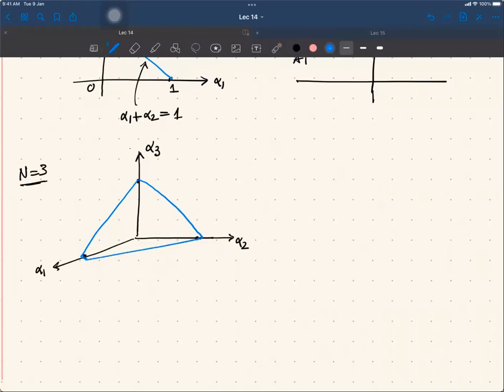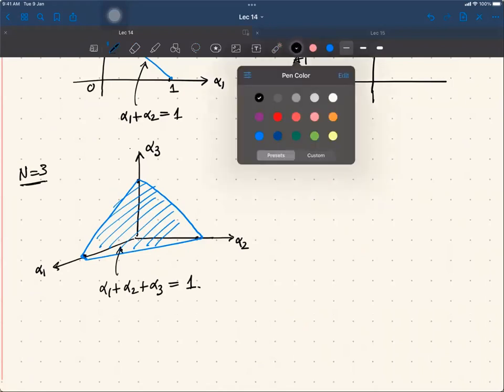And this is the plane contained within this triangle. Those are the points that satisfy the equation alpha 1 plus alpha 2 plus alpha 3 is equal to 1. So it's a three-dimensional space in which you have the equation alpha 1 plus alpha 2 plus alpha 3 equals 1. The locus of this equation will be a two-dimensional space, which is this blue colored slice.